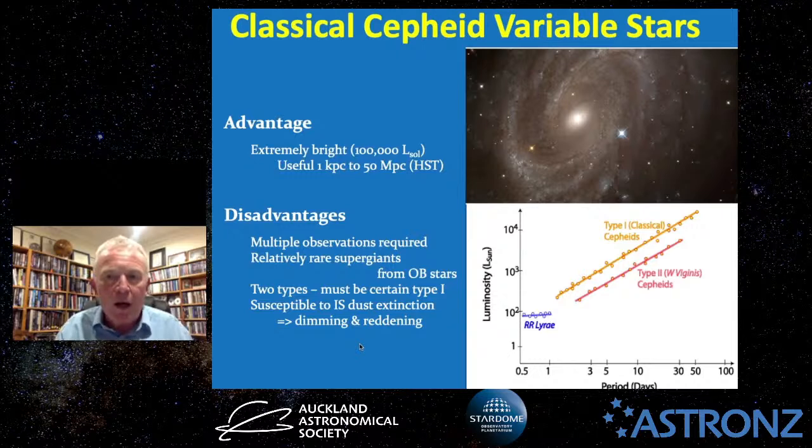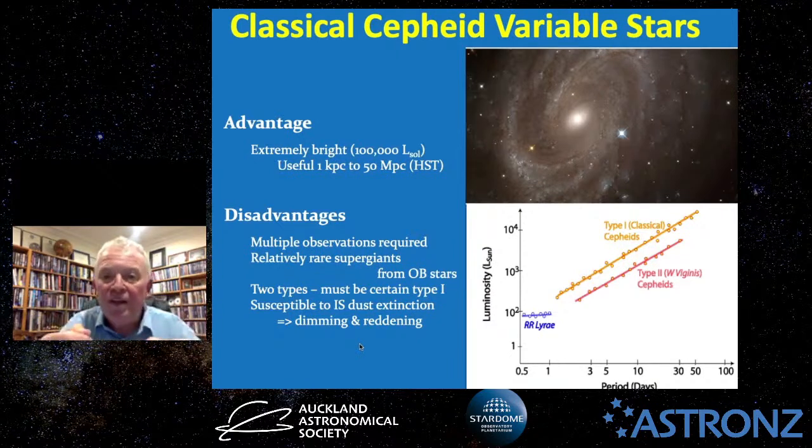And optical wavelength light is susceptible to what we call extinction when it meets dust in the interstellar medium. So as the light from one of these classical Cepheids is traveling towards us, if there's interstellar dust between us and the star, that dust dims the light down because the dust absorbs some of the light, so it appears dimmer, and that's going to throw your data out, and you think it's going to be further away than it really is.